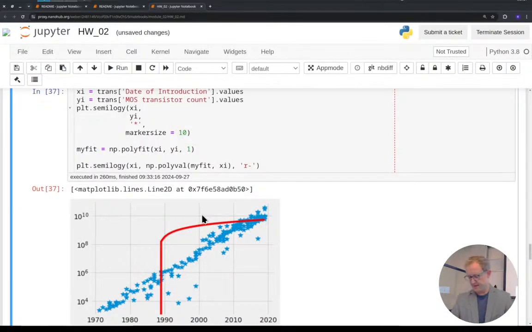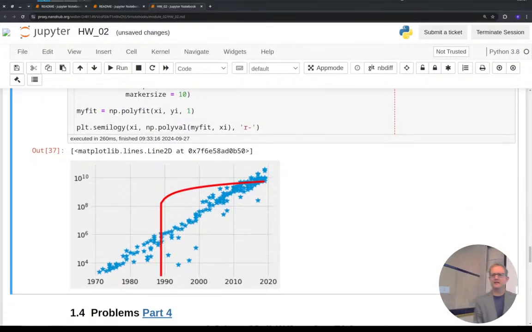There we go. All right. So polyfit doesn't like those NaN values. That's what I was guessing. But at least now I get a result. It's not the result that I want because it's not a line.